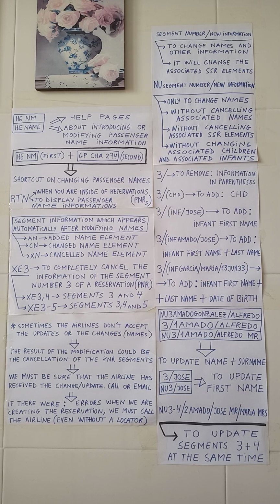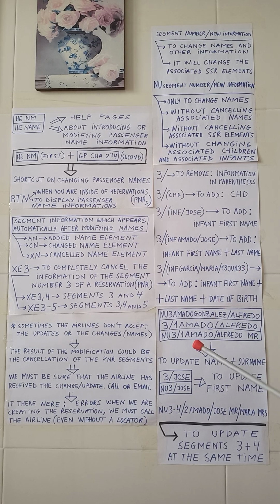Generally, the number 1 or the number 2, for example, are not written in front of the last names when there is only one passenger with the same last names in a reservation.